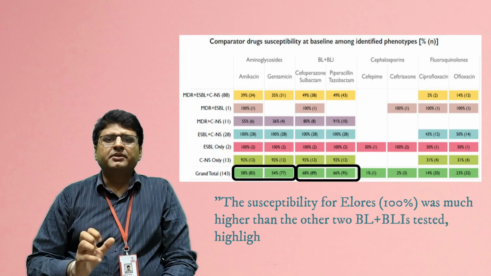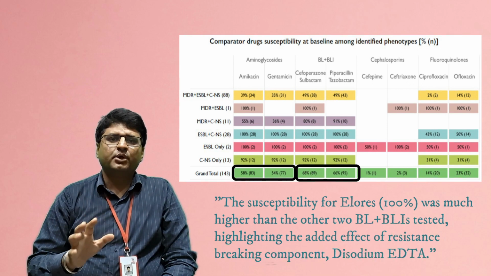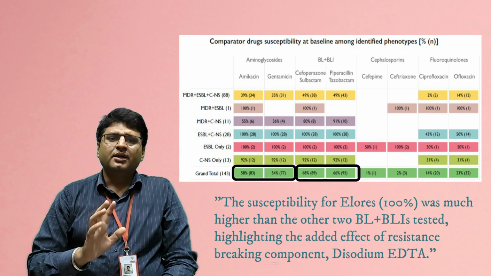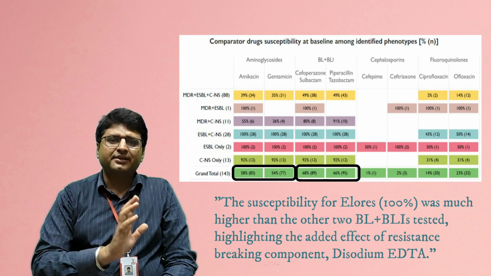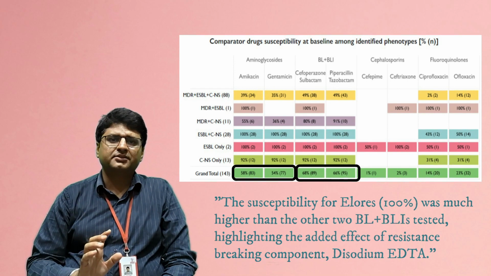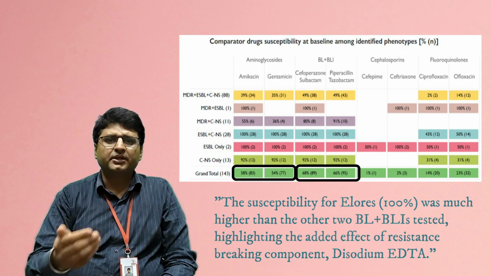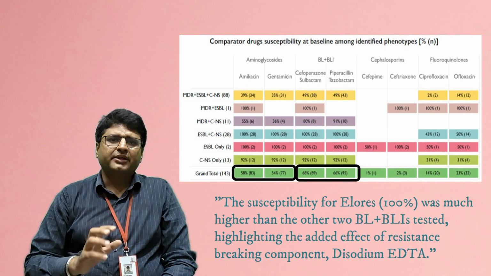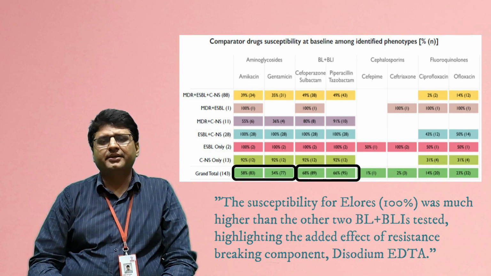Moreover, the susceptibility of Elores was 100%, because all of these pathogens were susceptible to Elores and meropenem. This was much higher than the other two BL-BLI combinations, piperacillin tazobactam and cefoperazone sulbactam, highlighting the added effect of the resistance-breaking component disodium edetate.